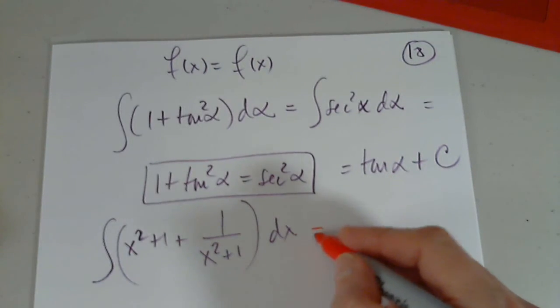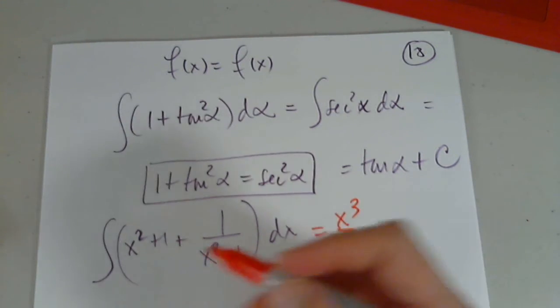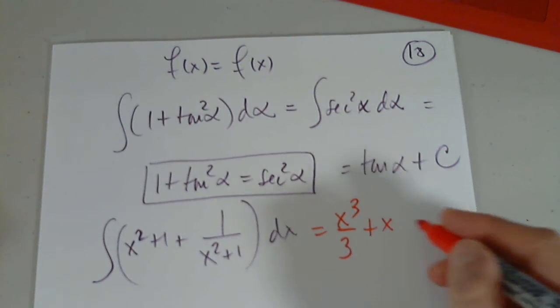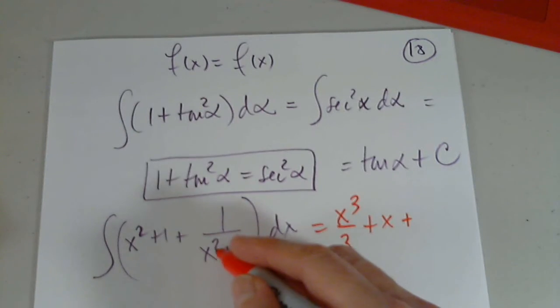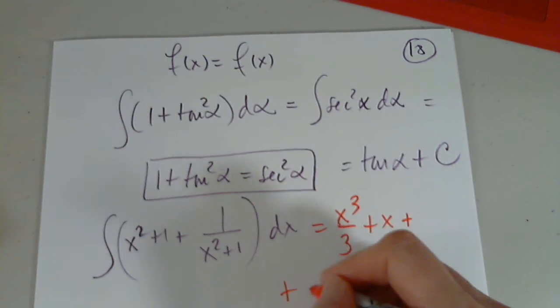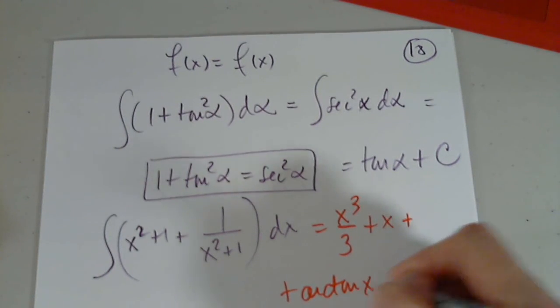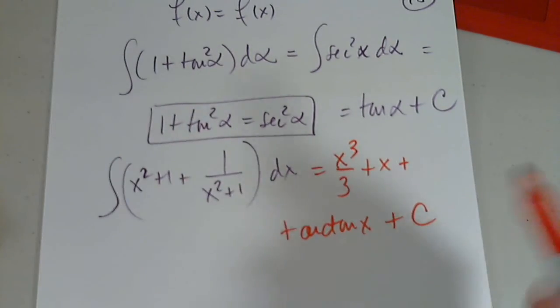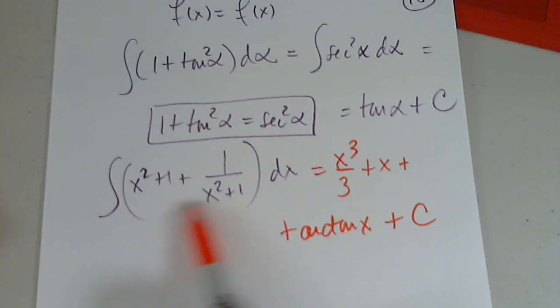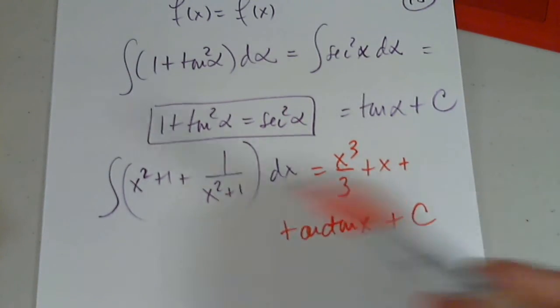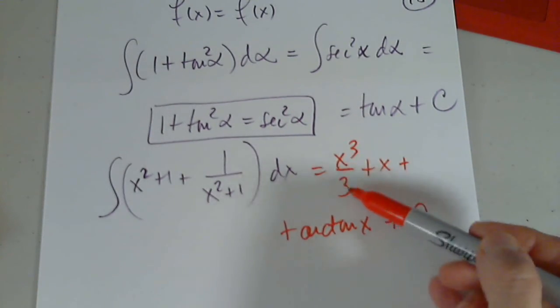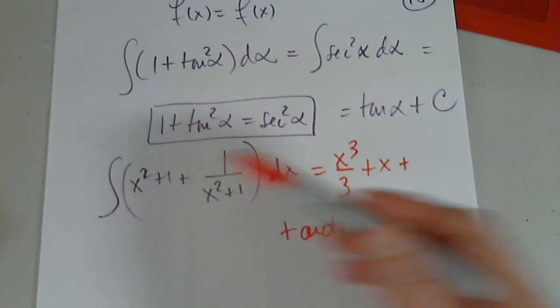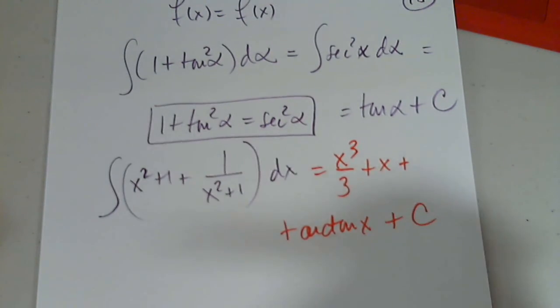Of x squared is x cubed over 3. Of 1 is x. And you already told me that this is arc tangent x plus a constant c. If you have any doubts, when you differentiate the left-hand side, you get this function. When you differentiate this, you have to get the same thing. Bring down 3, get x squared, so differentiate x, and differentiate this into 1 over x squared plus 1.